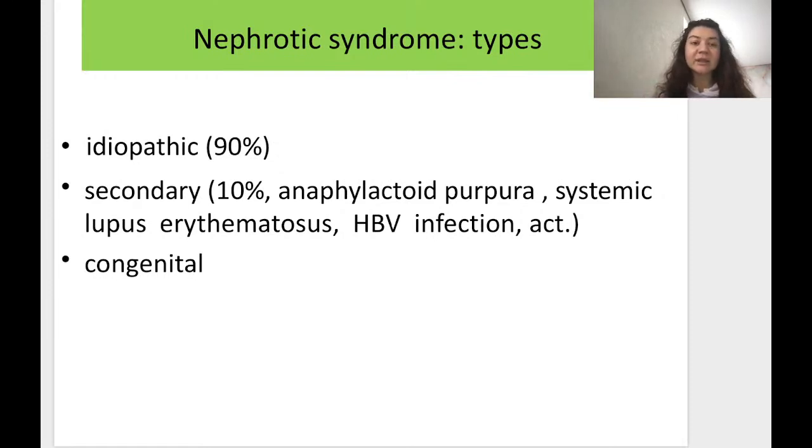In this case, we name it idiopathic. When we know the exact cause of nephrotic syndrome, in nearly 10% of cases, it is secondary nephrotic syndrome. Most often it can occur due to anaphylactoid purpura, systemic lupus erythematosus, hepatitis B, viral infection, etc. And it can be congenital.